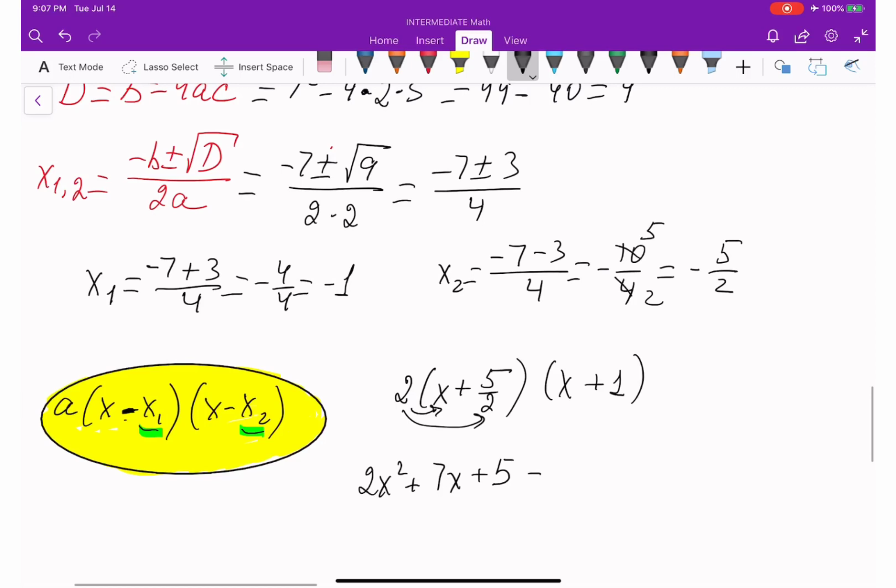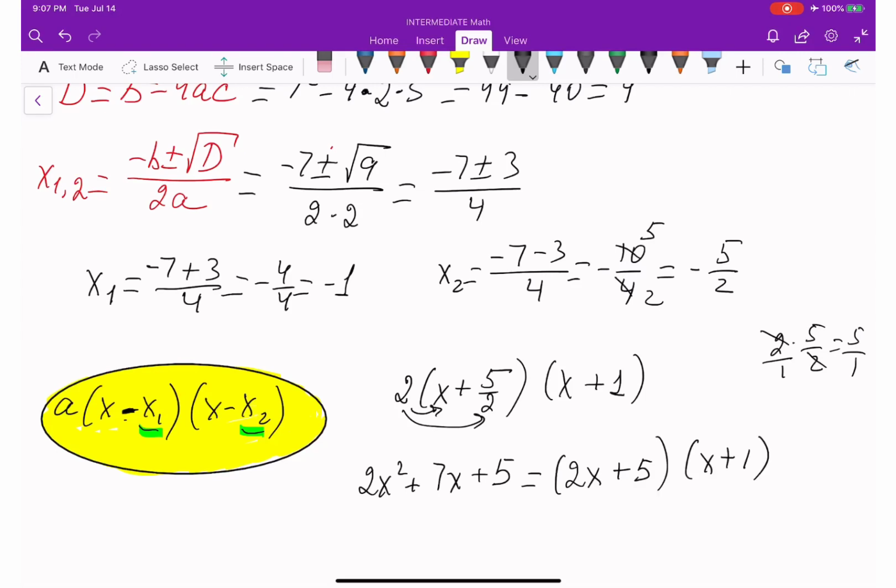So if factor, we will get 2 times x will be 2x. 2 times 5 over 2, it's going to be 5. Why? Because 2 times 5 over 2, it's 2 over 1 times 5 over 2. 2 and 2 is gone. 5 over 1, which is 5, right? And times x plus 1. Okay, we got it. Moving to next one.